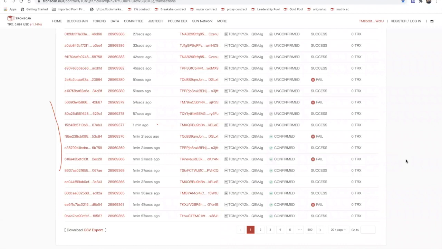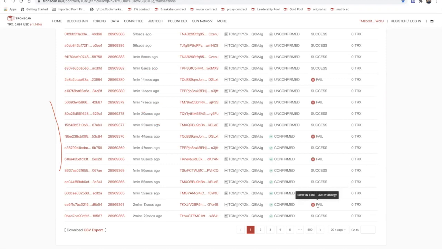It has nothing to do with the smart contract, but it's congestion on the Tron network. When that happens, that member will be charged the fee limit for that transaction, and the fee limit is 150 Tron. So there are instances where members are having a legitimate timeout, and it is costing them 150 Tron when that happens.